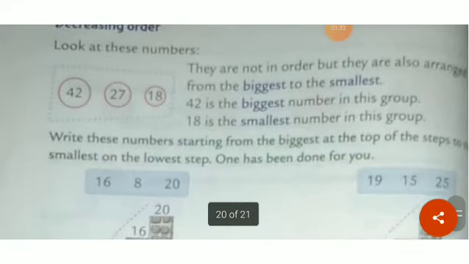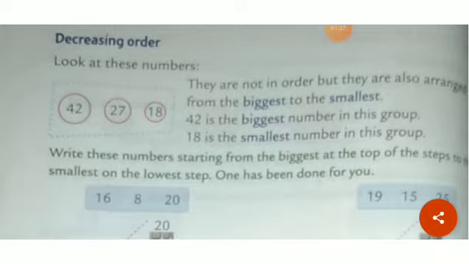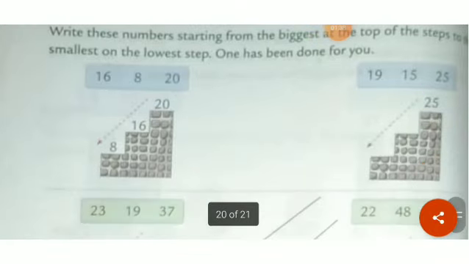Next is decreasing order, from biggest to smallest. A climb down ladder is given here. See the example 19, 15, 25. 25 is given, so we are writing from biggest to smallest.